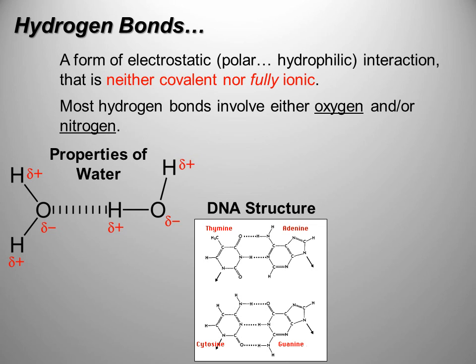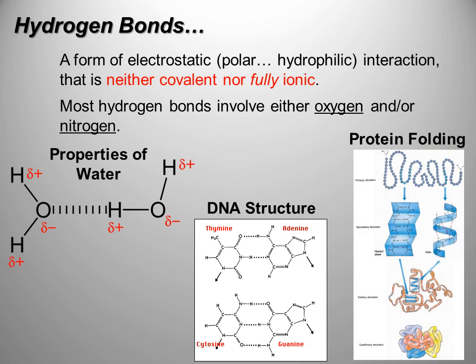But again, here are some nitrogenous bases, and here's a hydrogen bond, here's a hydrogen bond, here's a hydrogen bond. So it's very, very important in DNA structure, and to a certain extent RNA structure. But it's also important for protein folding. And where you see lots and lots and lots of hydrogen bonds are in what we call the secondary structure. I'll get to that in a little bit.